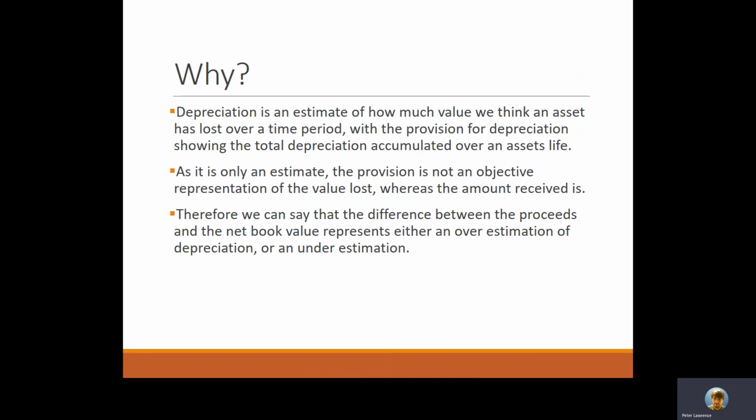So what we can say is the difference between the proceeds, what we've received for the asset, and the net book value is either going to represent an overestimation or underestimation of depreciation.